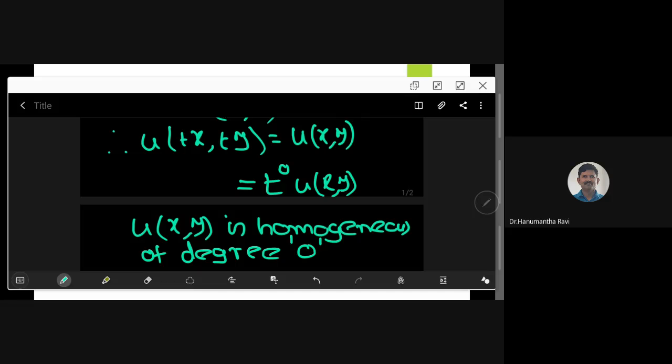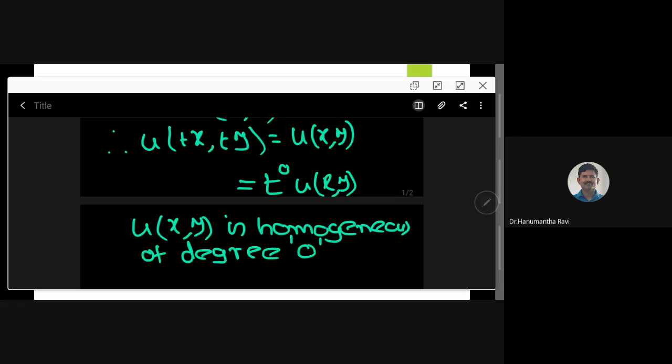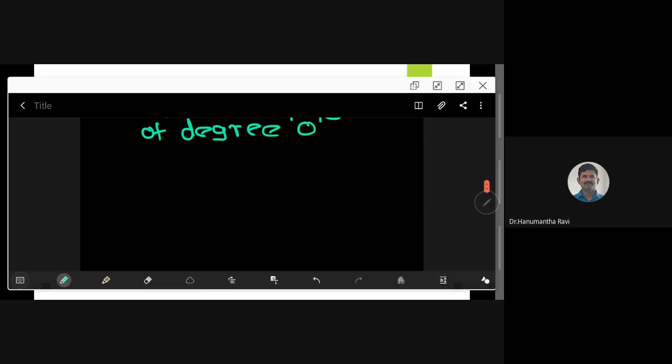So now we can apply Euler's rule. What does Euler's rule say?